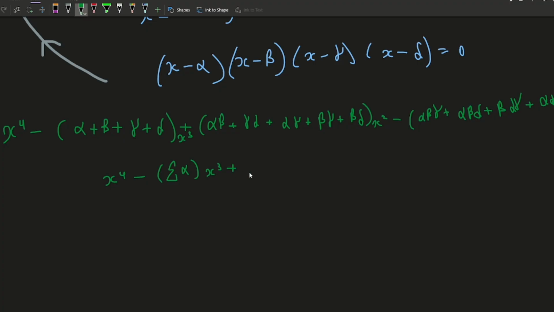So plus summation of alpha beta, because it is the pairwise sum of roots, x squared, minus now the triple sum of roots, so alpha beta gamma, and lastly plus alpha beta gamma delta.